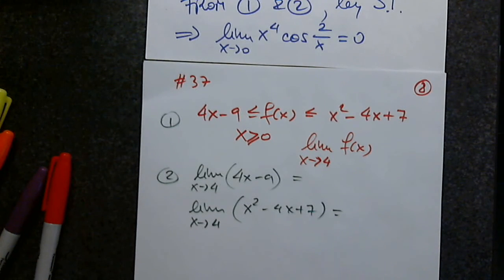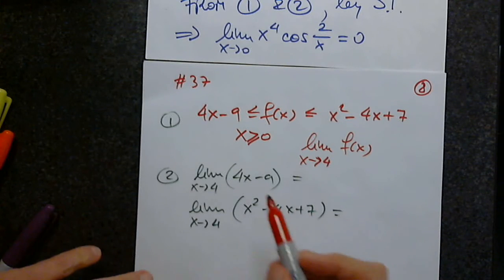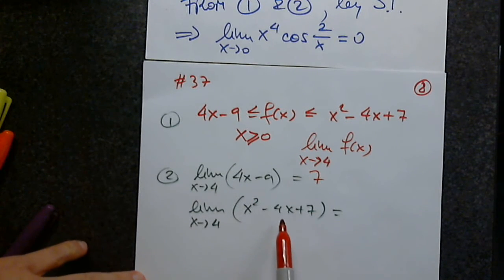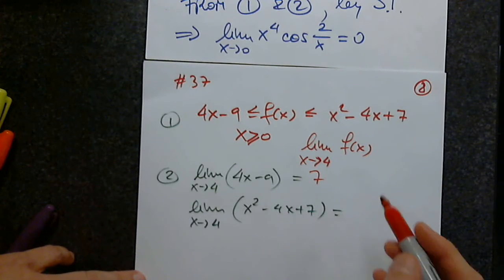But not only do they exist, these are polynomials, obviously the limit exists, but also that they must be the same. Only then can I conclude the limit of this, which I don't even have. I don't even know the function. So the first one is 16 minus 9, which is 7. The second one is 16 minus 16, which is 0, plus 7.